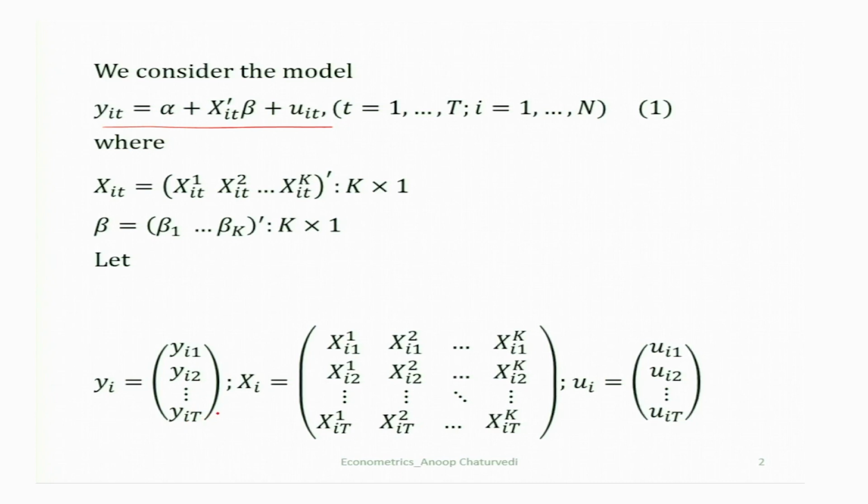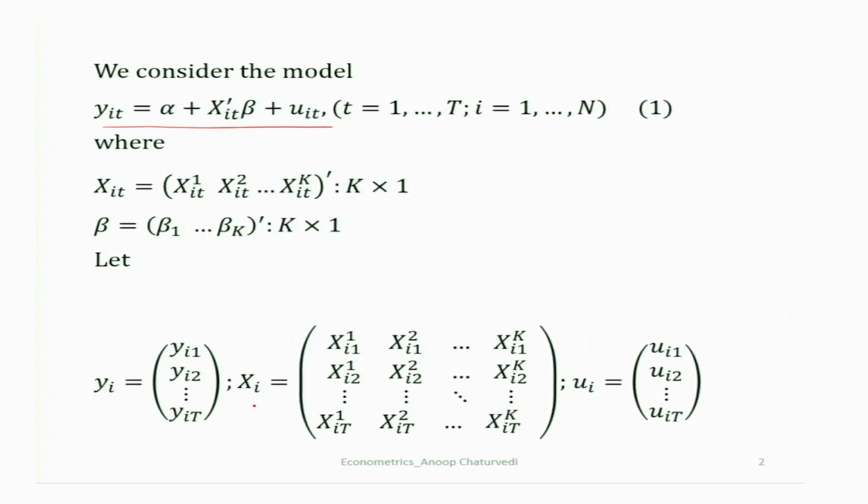So, corresponding to the ith cross section, we have stacked all the observations in y_i. Then capital X_i is equal to x_i11, x_i12, and so on up to x_i1k, then x_i21, x_i22, and so on up to x_i2k, and so on, x_iT1, x_iT2, up to x_iTk.